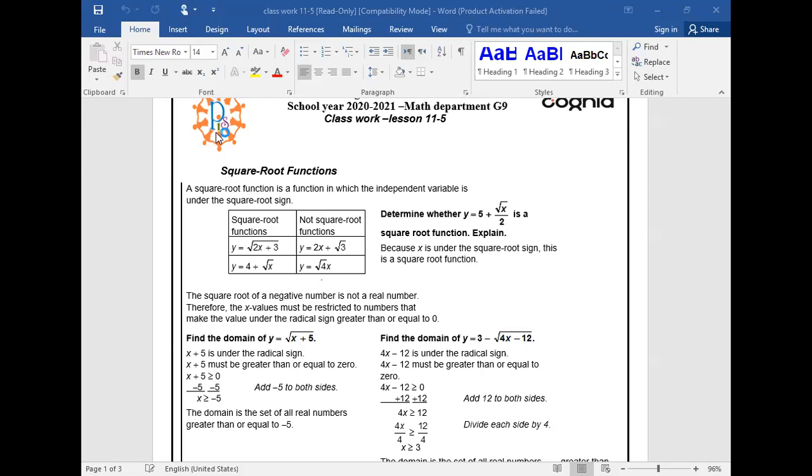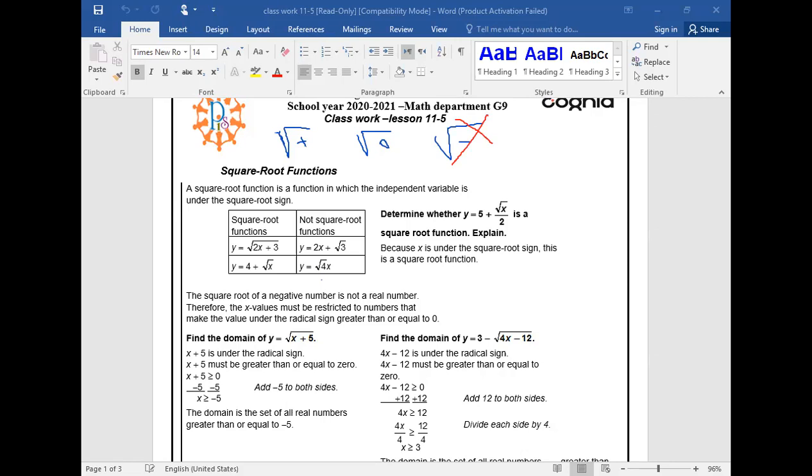So the value under the square root should be a positive number or it should be 0. But if it's a negative number, we can't accept it, because it does not belong to the real numbers. So we will not accept a negative number under the square root. So we can say that this one is a positive number and this is a 0.